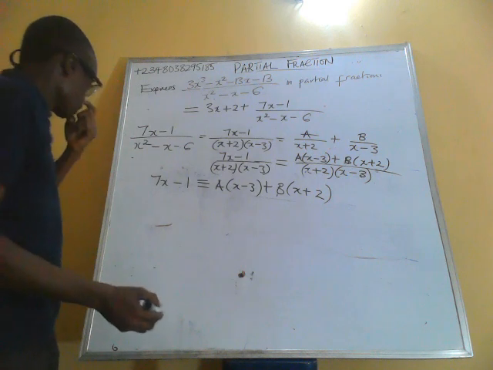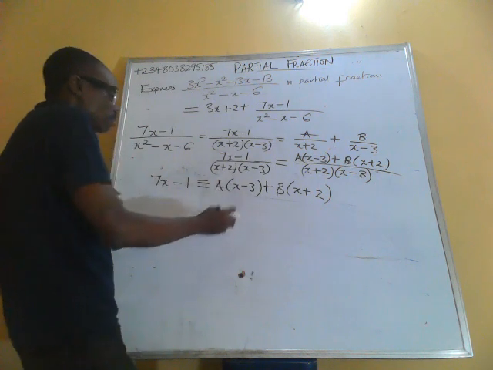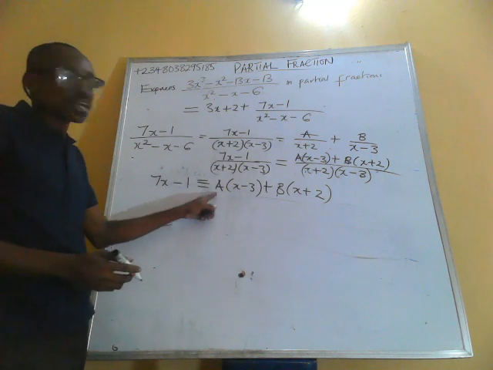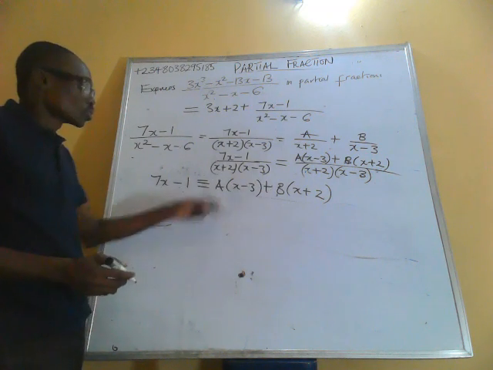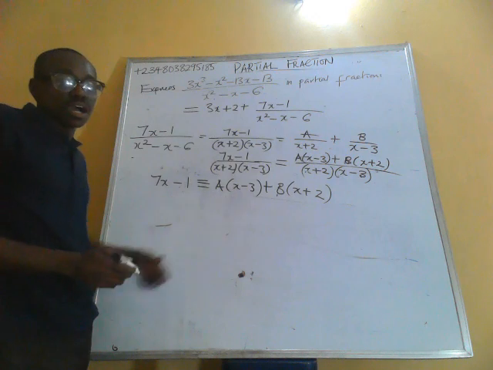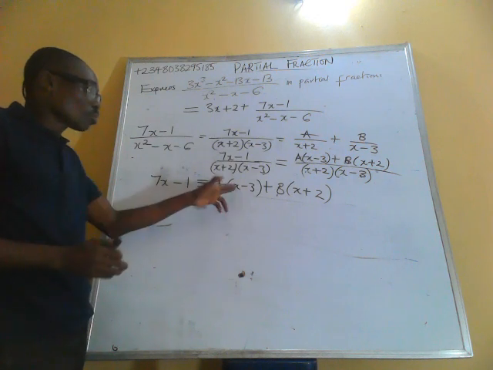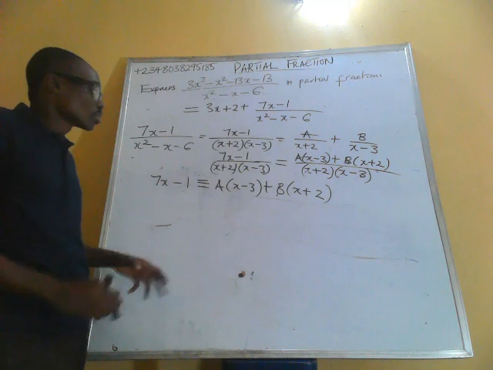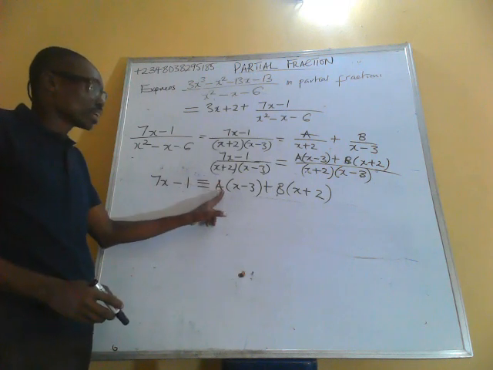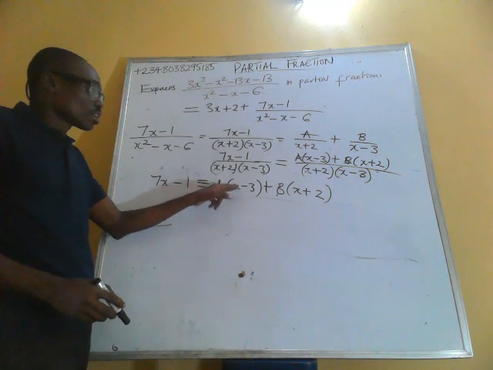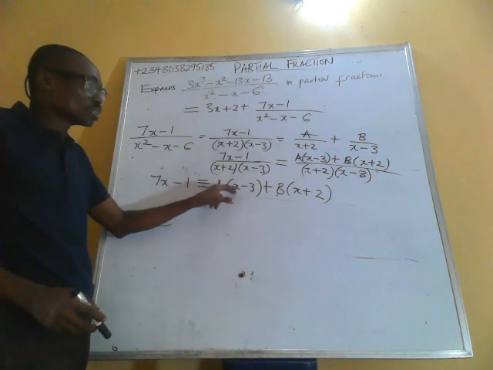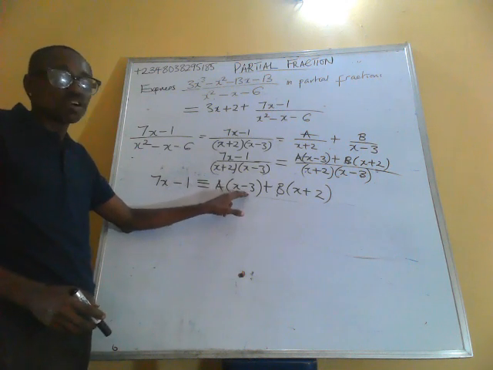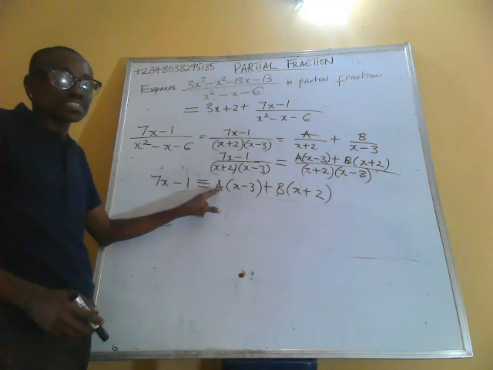We now have to get the values of A and B. We have to make A and B zero one after the other to solve for the other one. So what will make A zero here? For A to be zero, this part has to be zero. If x is equal to 3, 3 minus 3 becomes 0, and 0 times A is 0.